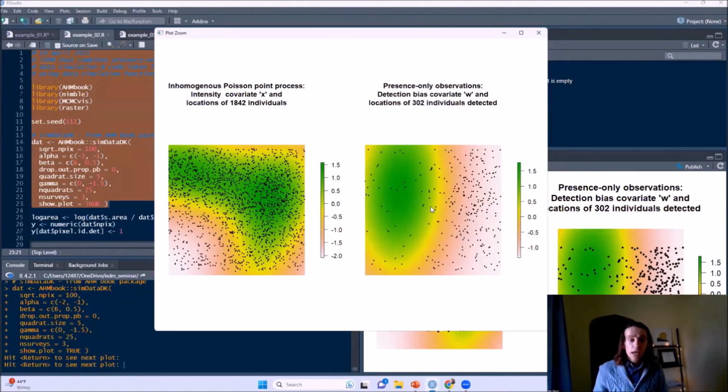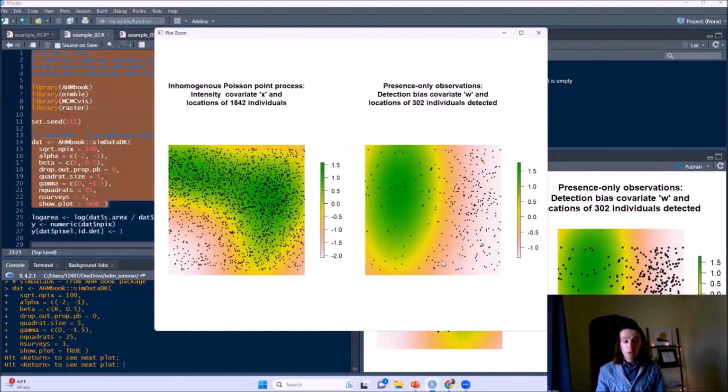And a key aspect of this model is that it assumes that we have at least one unique covariate that describes variation in abundance. So here I've got that covariate shown in the background here, as well as at least one unique covariate that tells us something about sampling bias or detection bias.